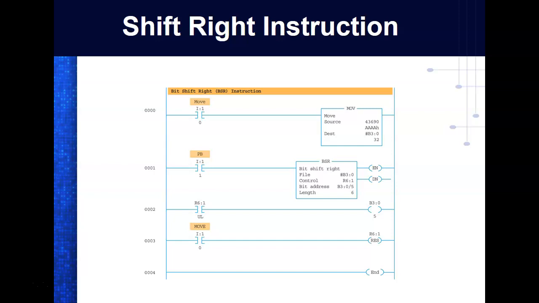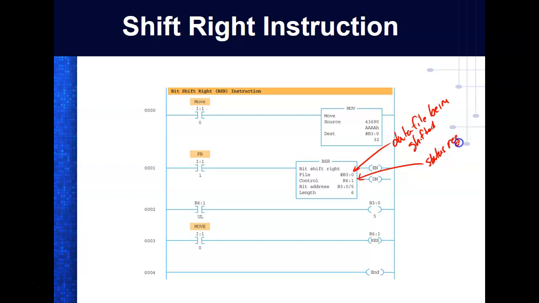So it's got the same thing. So what's B3? This is using index addressing. This is the data file being shifted, right? This is our status register for the shift.